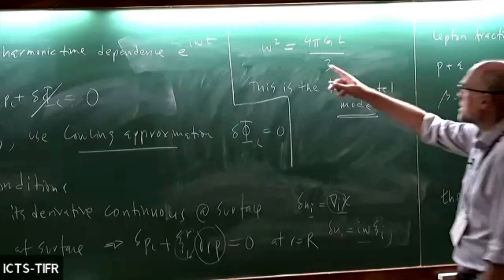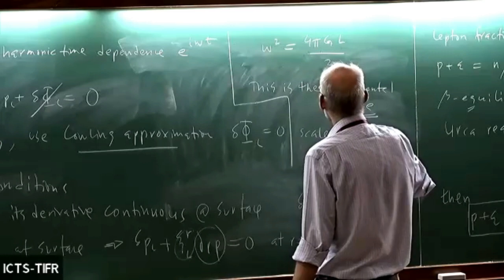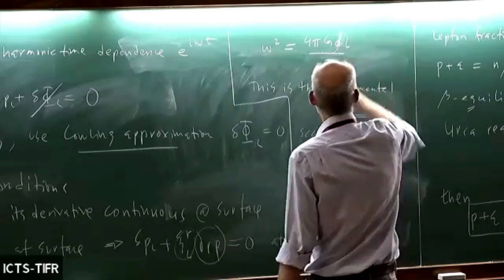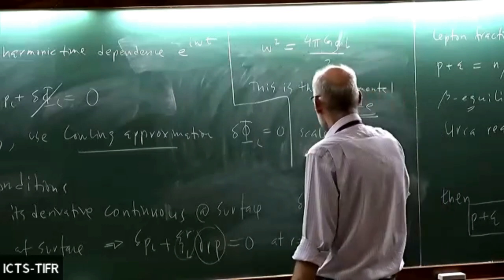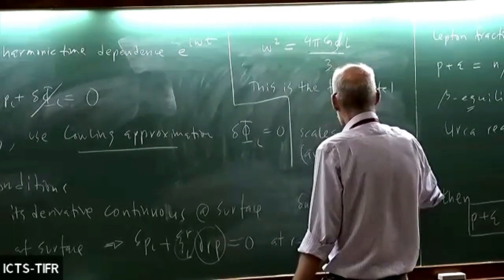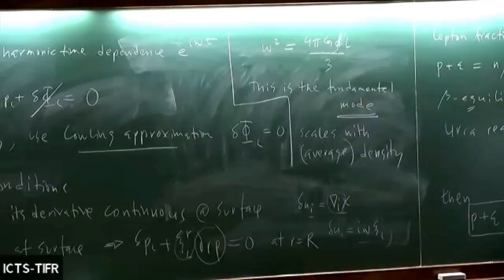It tells us that the frequency here scales with, so actually there's a rho here as well, which was constant, right? In general, it scales with the average density, so mass over radius cubed.